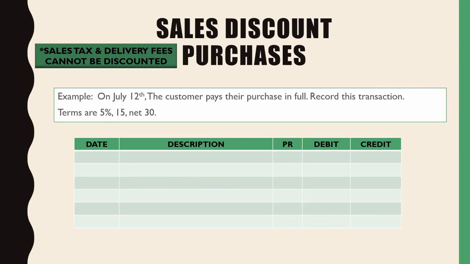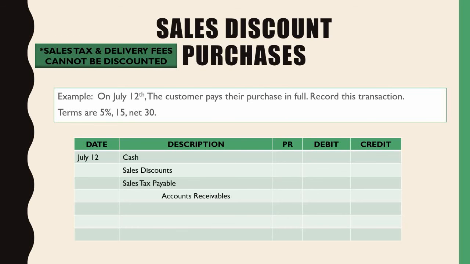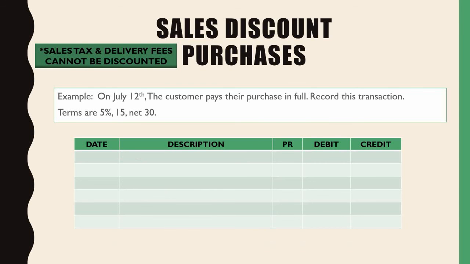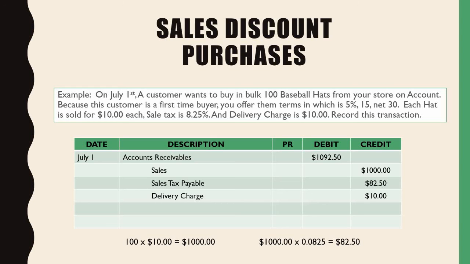So this is what you're going to do. Number one, record that you received the cash. But of course, it's not going to be for the full amount, because this customer paid within terms, so you need to calculate what the discount amount is. And because you charged tax in the first place, you also have to give a portion of the tax back, because in the original sale you already charged them the sales tax.